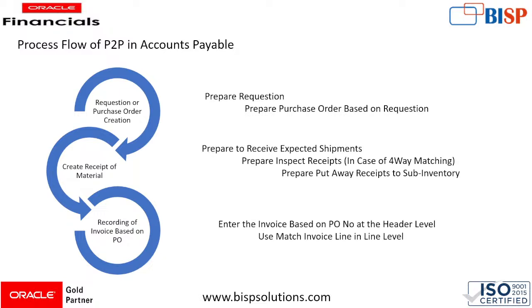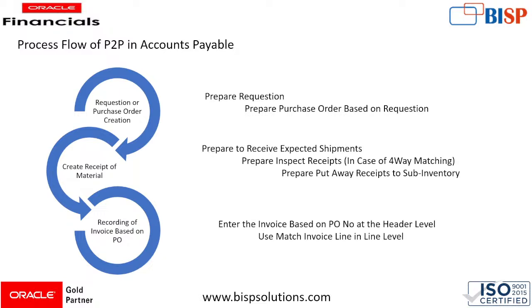Then we will prepare the inspection receipt in case of 4-way matching and prepare the put away receipt to the sub inventory, the lowest level of the inventory.